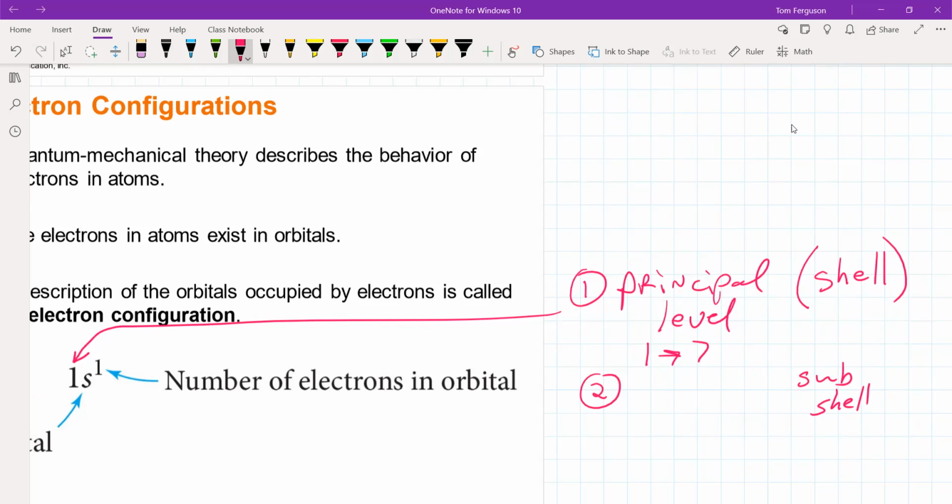Shells, within the shell is a subshell. Within the subshell is an orbital.